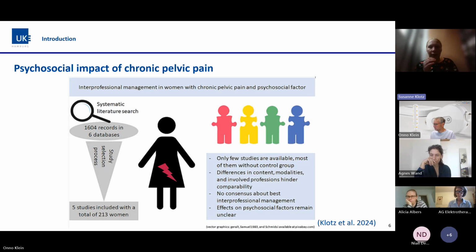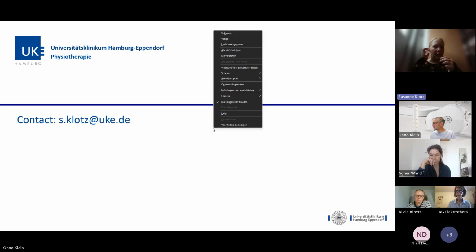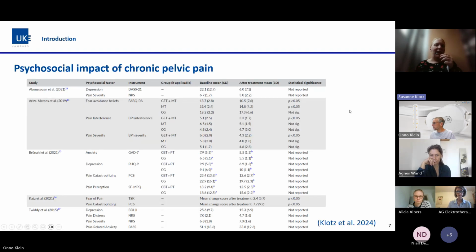Next slide, please. This is also a busy slide. I don't want to go through all these studies in detail, but 3 of these 5 studies do not have a control group. They are uncontrolled studies, so it is not possible to make a comparison.